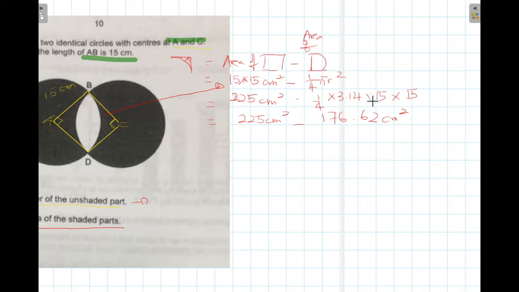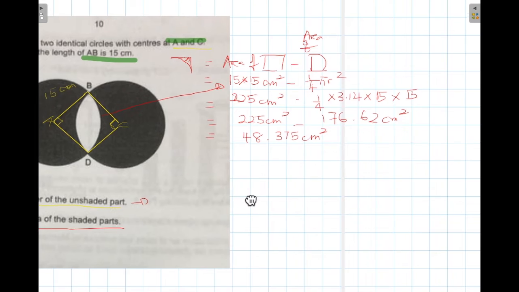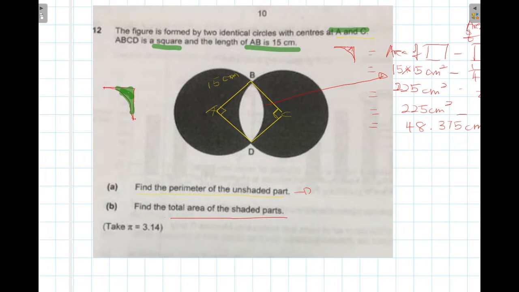You can do the calculation. You realize the area of this portion here is 48.375 centimeter squared, which means this portion here is also 48.375 centimeter squared.